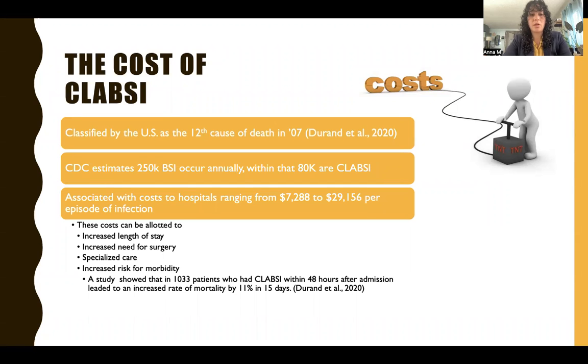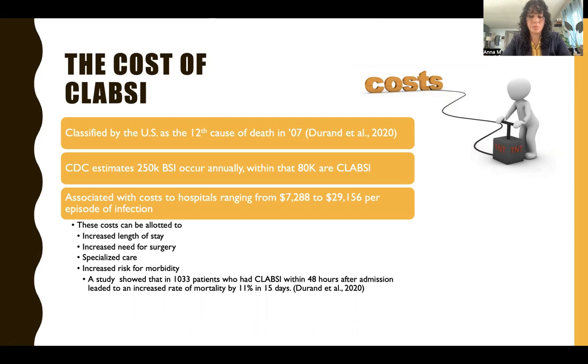These costs are normally attributed to increased lengths of stay within the hospital, increased need for surgery, increased need for specialized care or specialized equipment, especially if they end up in the ICU, and increased risk for morbidity. So a study showed that within over 1,000 patients who had CLABSI, the first 48 hours after admission led to an increased rate of mortality that was 11%.